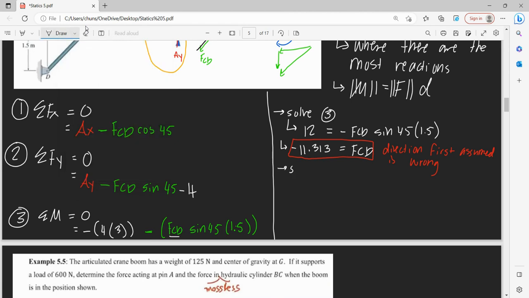So let's solve AX. And this is equal to AX equals FCD cos 45. It's also going to produce a negative value, this is times cos 45, and this becomes negative 8. So that means our direction for AX changes.